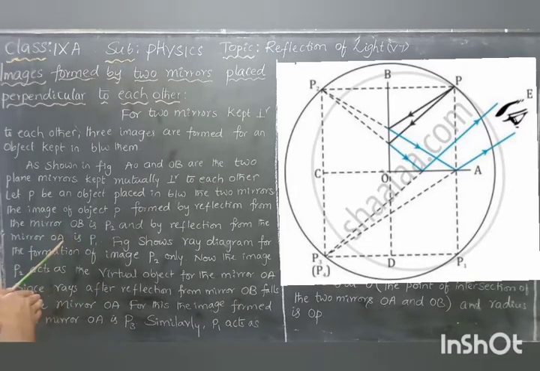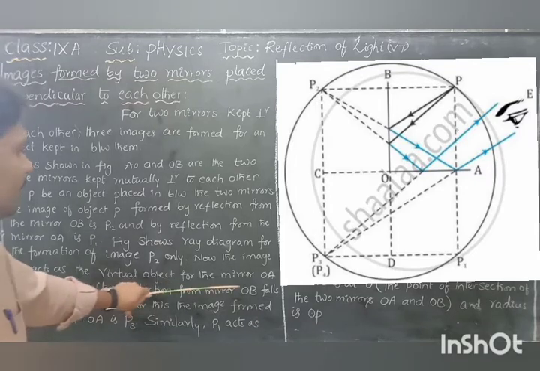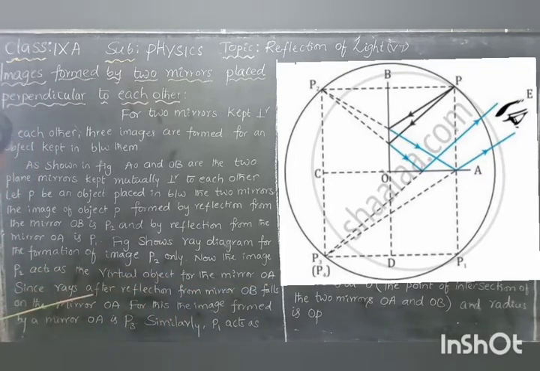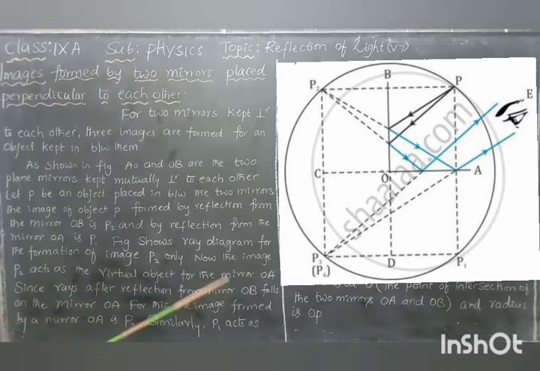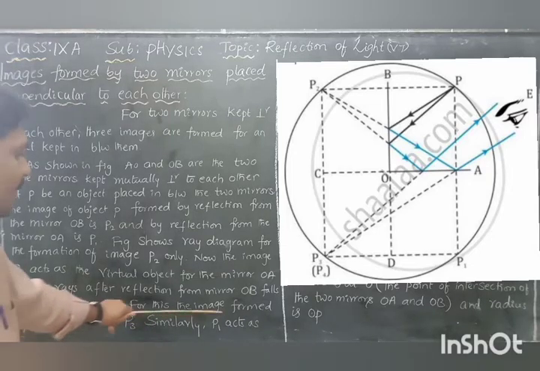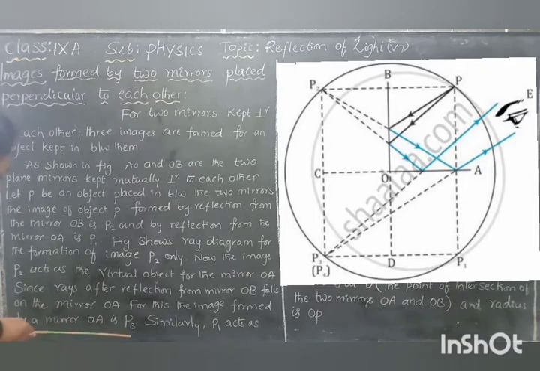Then it acts as a virtual object for the mirror OA, since the rays after reflection from the mirror OB fall on the mirror OA. That corresponding image acts as an object for the other mirror. So the image formed by the mirror OA is P3.